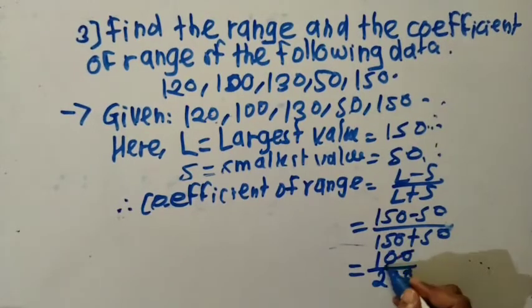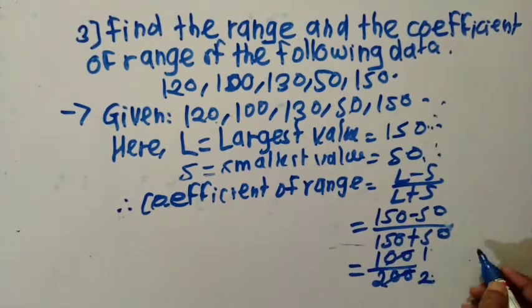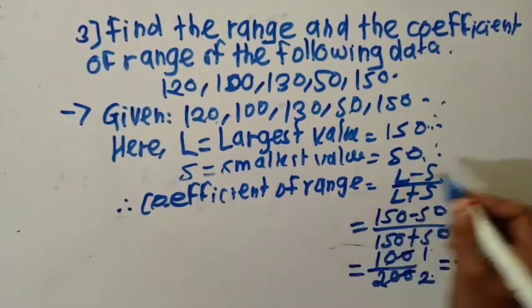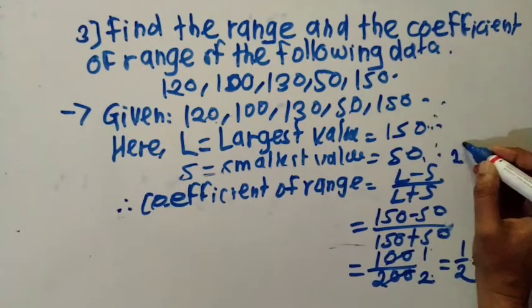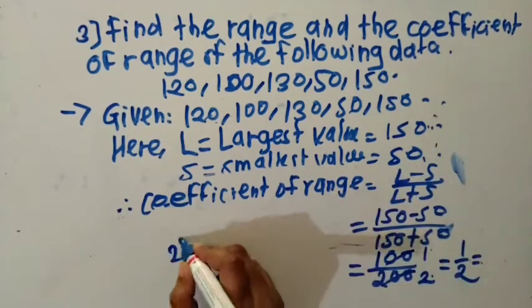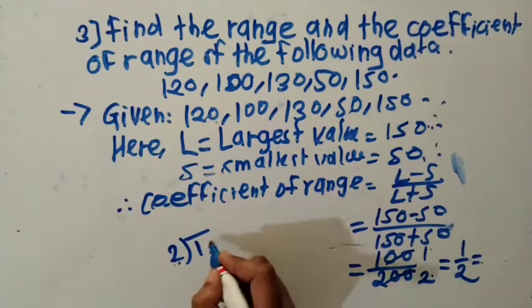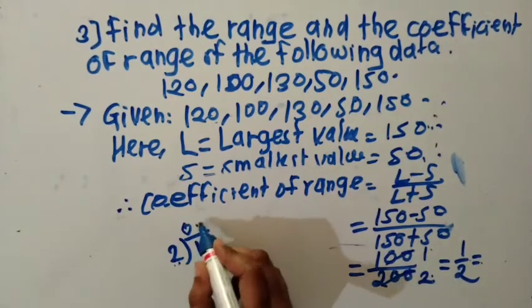So 100 upon 200 is 1 upon 2, but 1 upon 2 means 1 divided by 2.